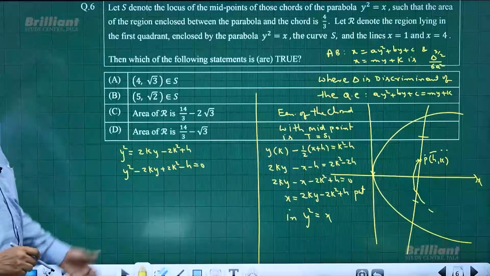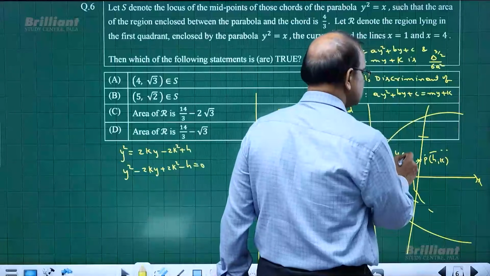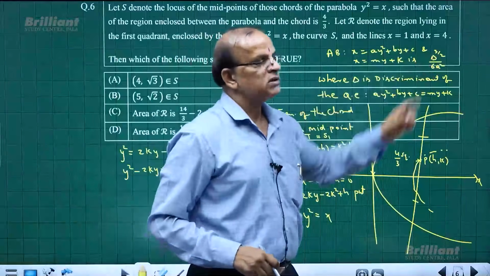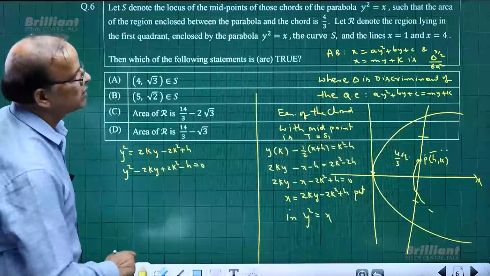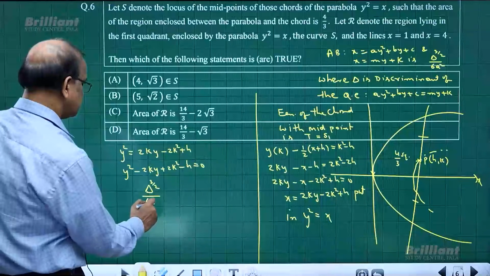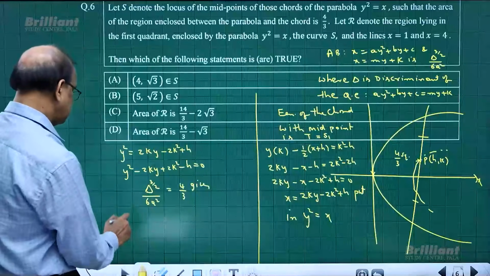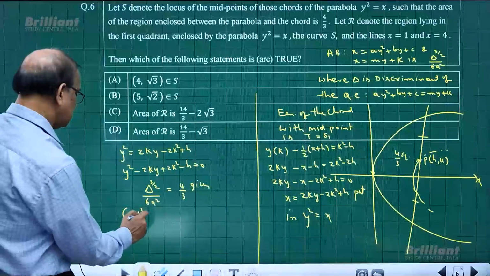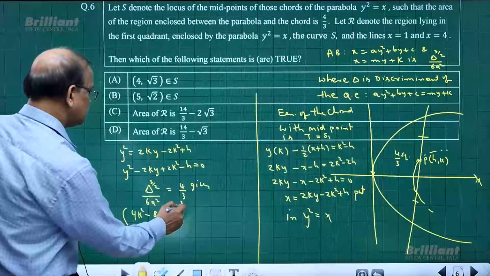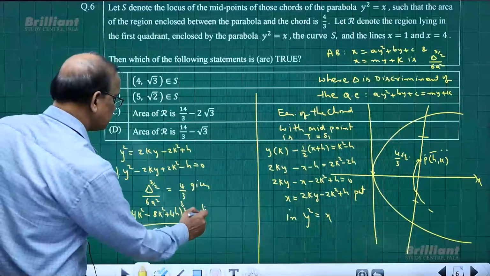So the area is 4 by 3 given, this area. This area is given as 4 by 3 square units. Now that area we can find by using this result, delta power 3 by 2 by 6a square. So delta power 3 by 2 by 6a square is 4 by 3 given. Okay, now we will find delta: b square minus 4ac is 4k square minus 4 times (2k square minus h)... 8k square plus 4h, power 3 by 2, by 6 into 1, the y square coefficient, is equal to 4 by 3.